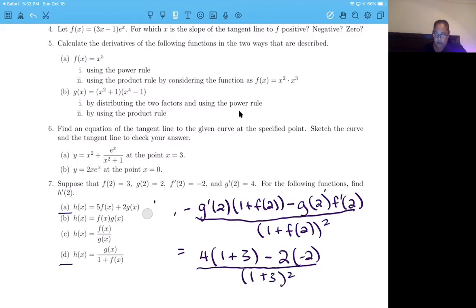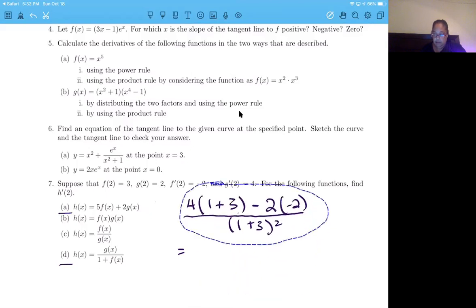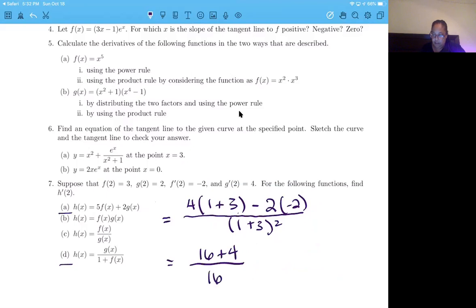Let's move it up one more time. So I have 4 times 4, which is 16, minus a negative 4, so plus 4, over 4 squared, which is 16. So I get 20 over 16 divided by 4, so 5 over 4.